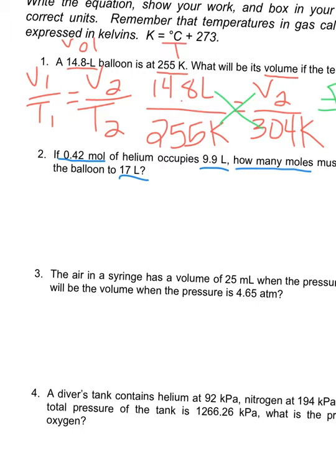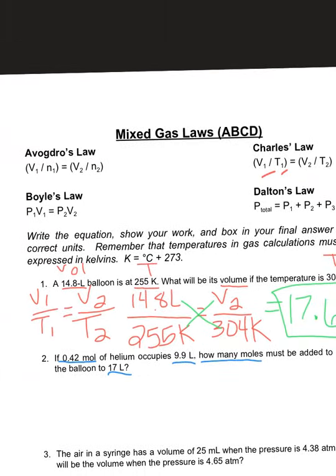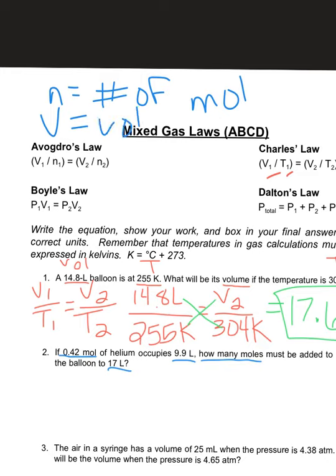Moles and liters. Let's look back up at our equations. Moles and liters. Which one is it? Avogadro's law, correct. Moles would be N, okay? N stands for number of moles. And then, of course, that's our volume.